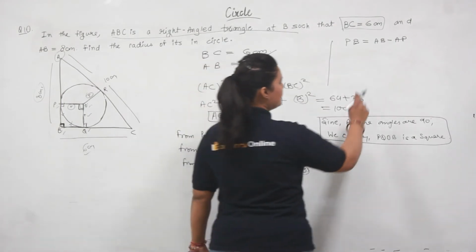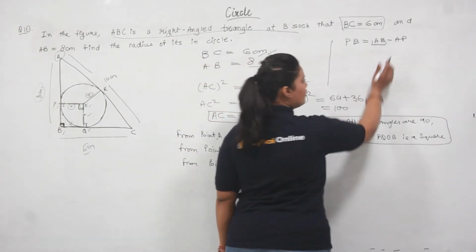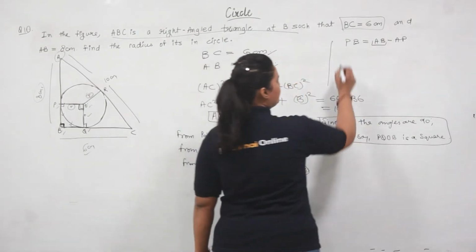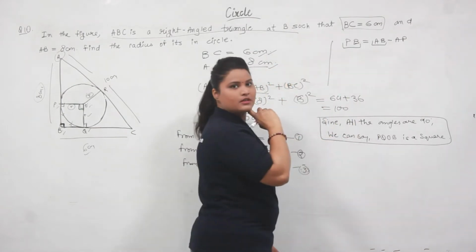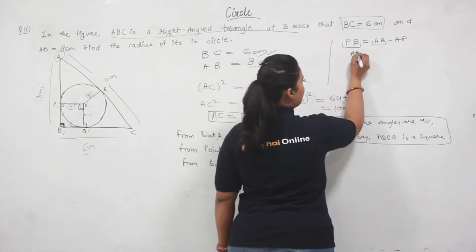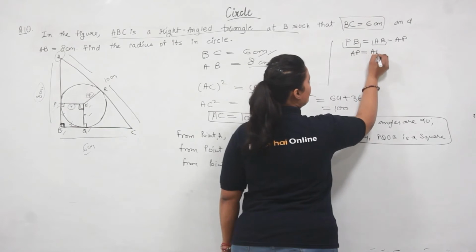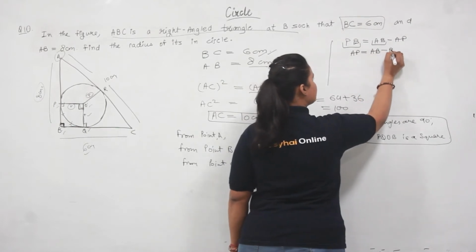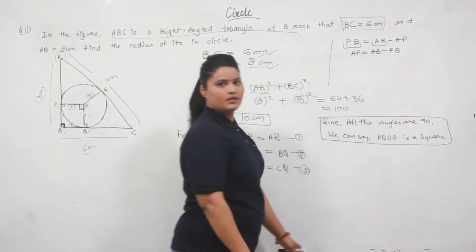What are the known quantities over here? Length of AB, and PB is the radius. So I will write it as AP is equals to AB minus PB.